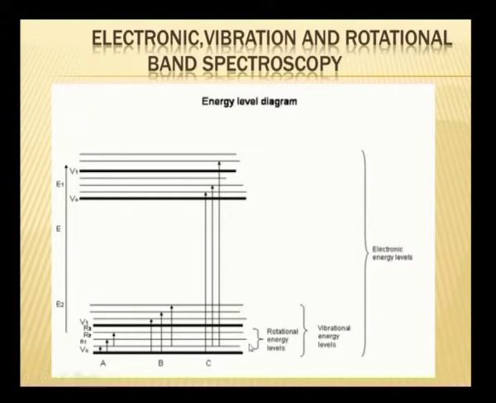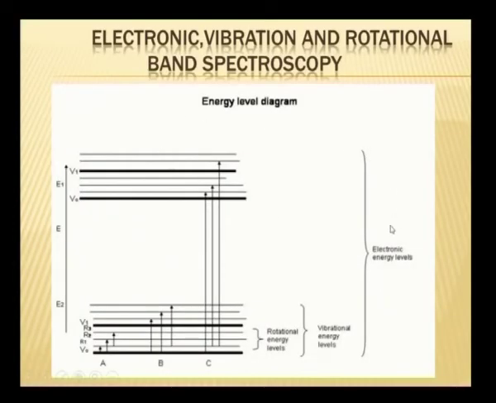The spectrum that is produced because of the transitions between the various rotational energy levels will be in the microwave region, whereas the electronic energy levels, like the light coming from mercury vapor atoms, where the electrons in the atoms give rise to the so called electronic spectroscopy, is in the visible region. Here this will be in the microwave region; that is one important thing that should be kept in mind about rotational band spectroscopy.